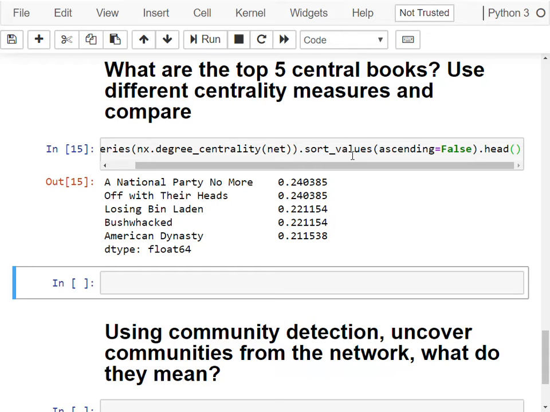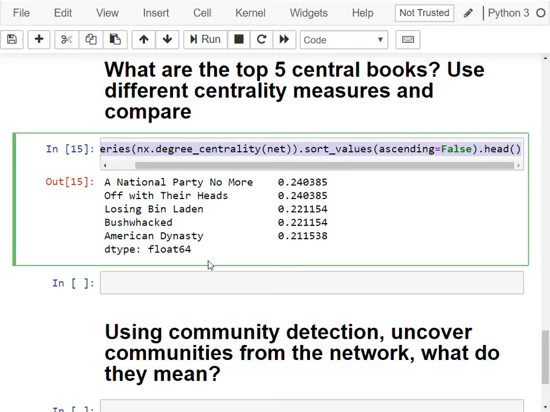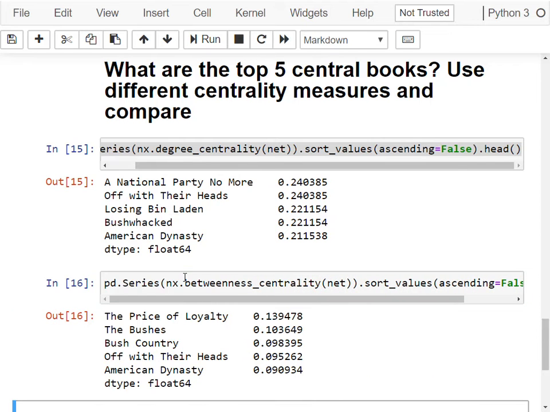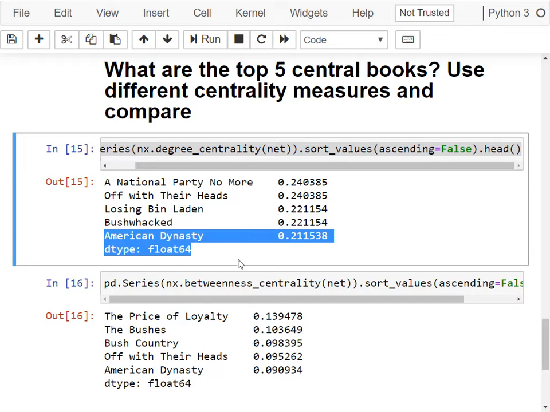Now I'm going to do the same, but I'm going to look at betweenness centrality instead of degree centrality. And this will give me a different list of books. There are some commonalities between the two lists, but it's not exactly the same.